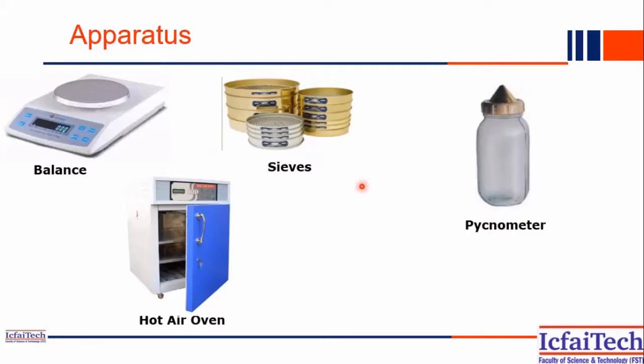Here we use the hot air oven extensively for finding out the water absorption. The sieve is also required to sieve the aggregate. We'll be using only aggregate of less than 10 size, so that's why the sieve and the balance are required.